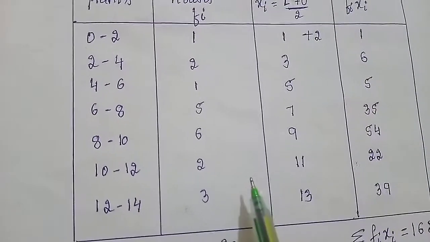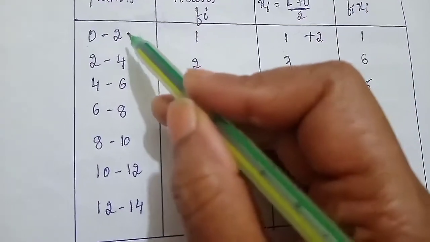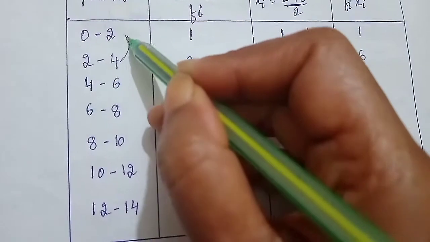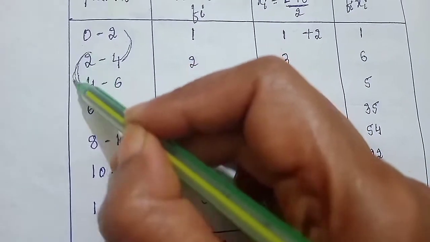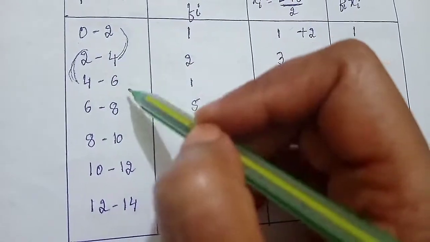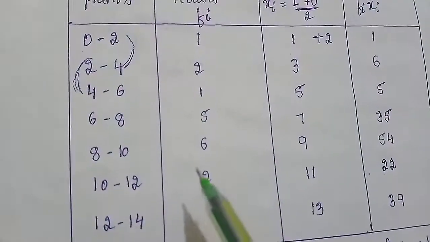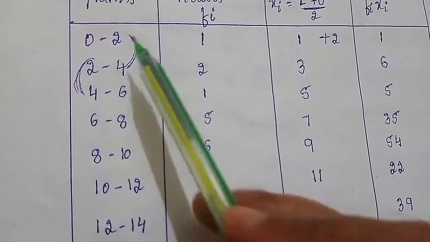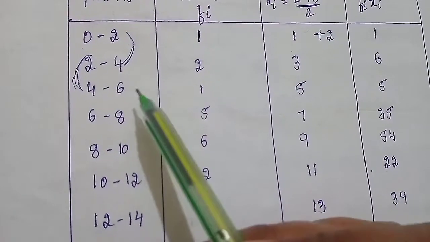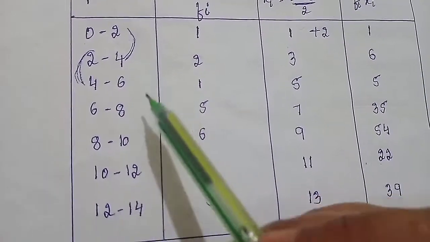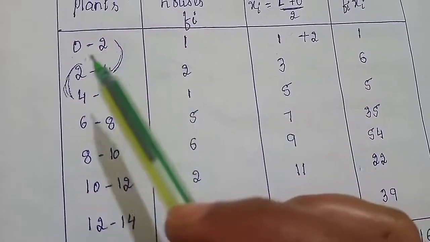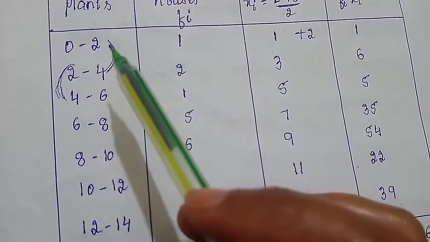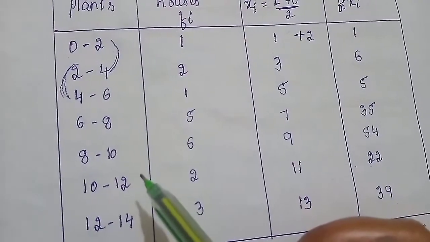In the previous video I explained how to find class size by subtracting the successive upper limits or successive lower limits. If you take any successive upper limits or lower limits, subtract 4 minus 2, 2. 6 minus 4, 8 minus 6. If you observe any successive limits, you can see the class size is 2.